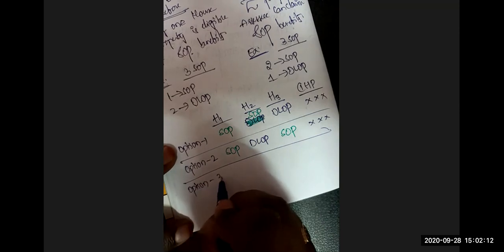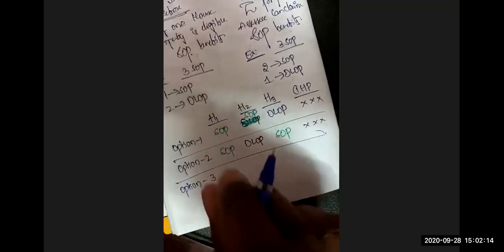Next, option 3. House property 1 as deemed to be let out and house property 2 and house property 3 as self-occupied. Find out the income from house property.